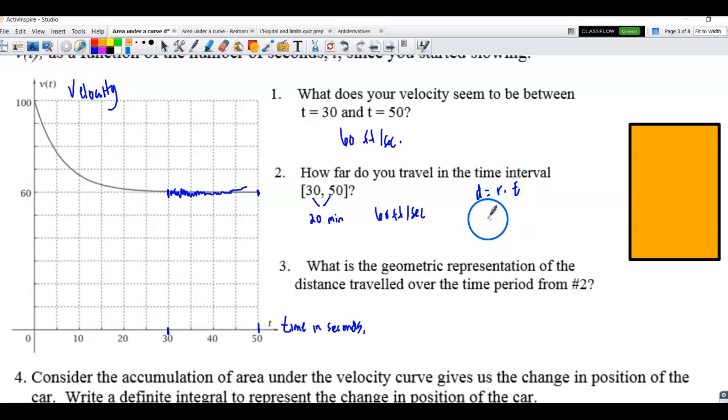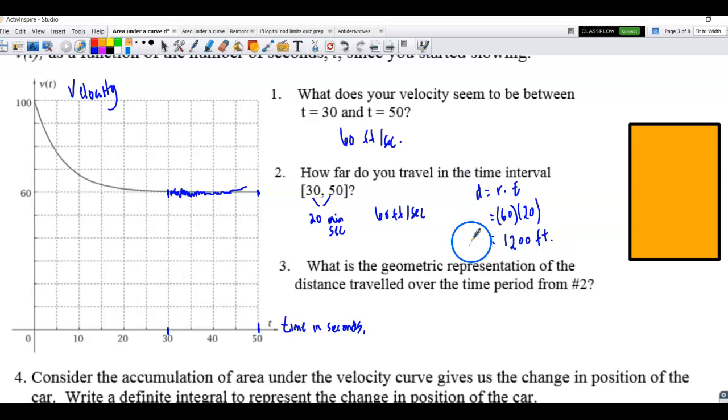So if I take my rate of 60 feet per second and multiply by 20 seconds, I get 1,200 feet traveled. That's how you calculate the distance traveled from 30 to 50 seconds.